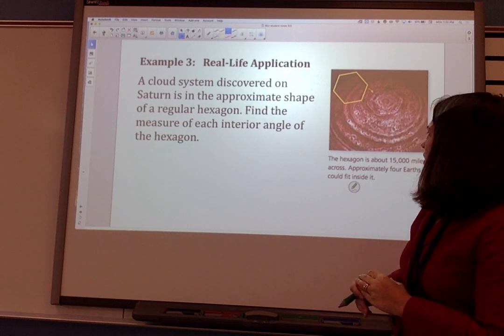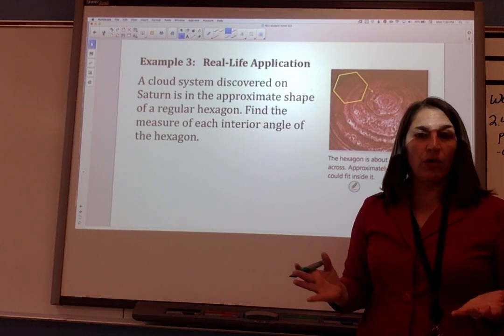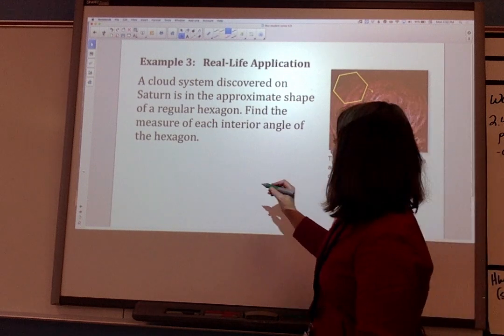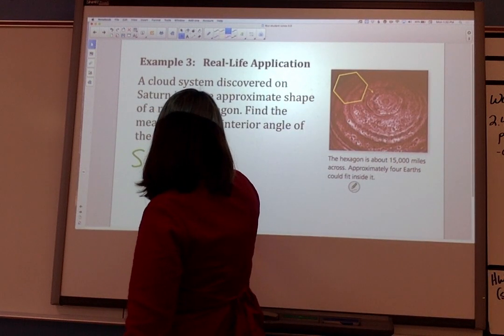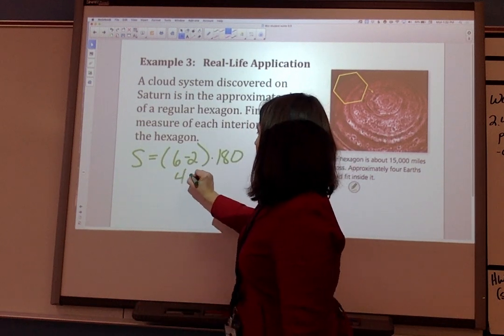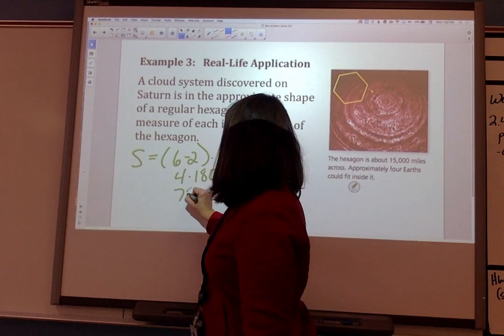So in this case, we're going to find the total degrees if we add up all of the angles, and then we'll have to divide by 6. So here we have 6 minus 2 times 180. That's 4 times 180, or 720.